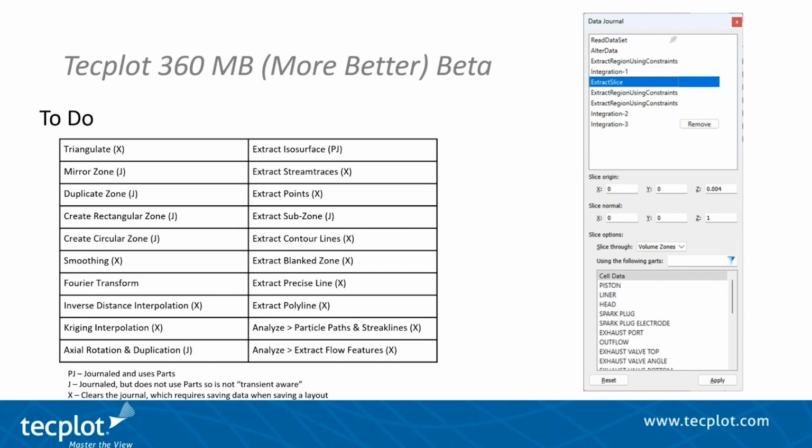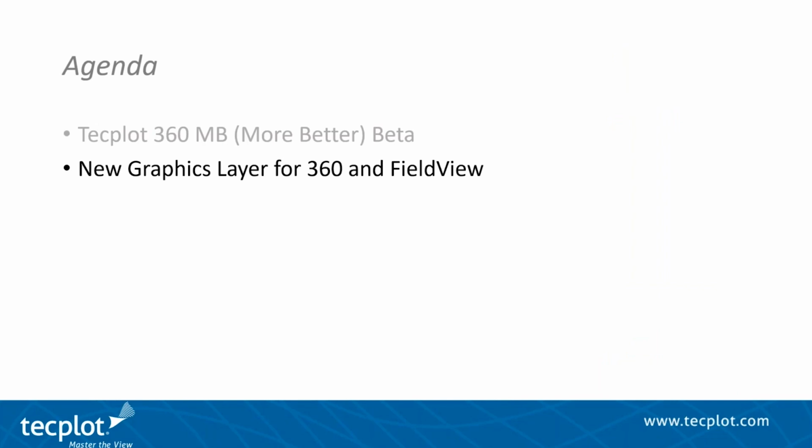So I do encourage people to download the beta. If you encounter any of these features that are limiting your ability to take advantage of Tecplot 360 MB, let us know and we'll prioritize those. We want to hear from you. Okay, so that's it for Tecplot 360 MB.